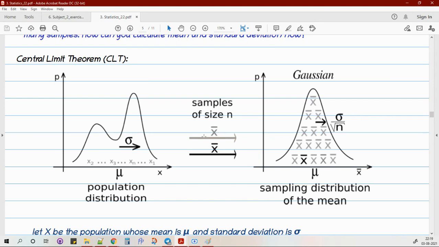Now I will calculate x bar of my sample, that is nothing but the mean value. I will put the mean value, whatever value I get, at the x bar line, correct? Now again I will take a sample, calculate the mean, and note it, right? I will perform this operation as many times as possible.